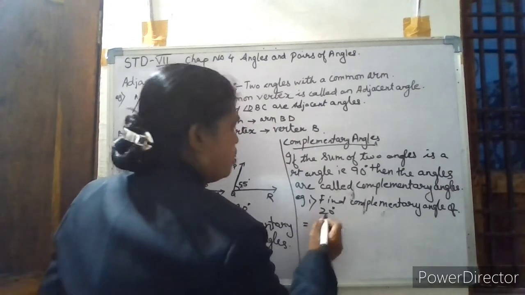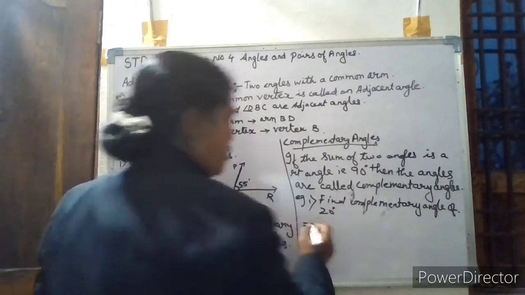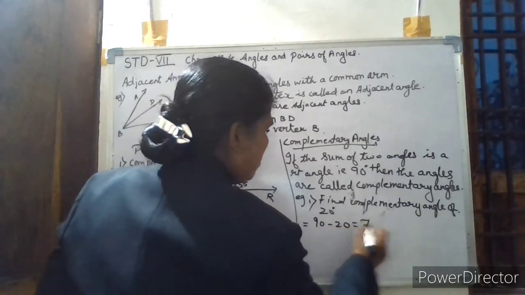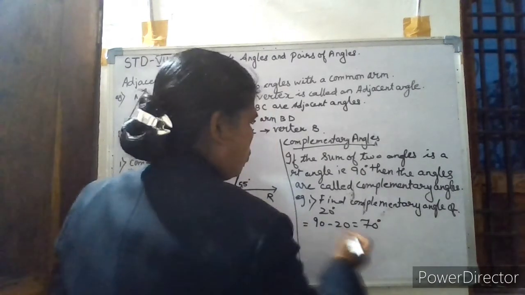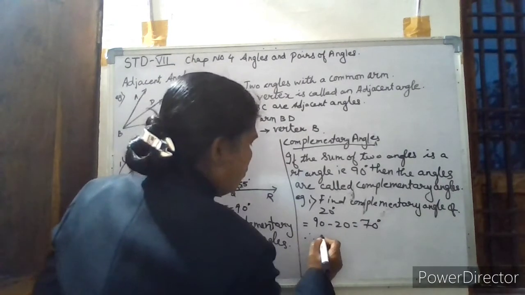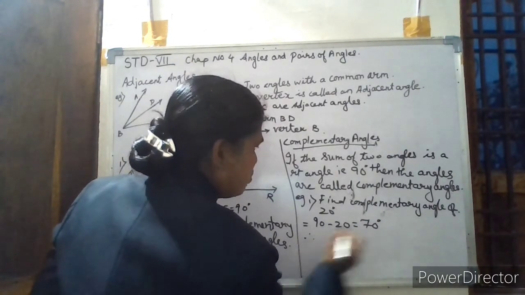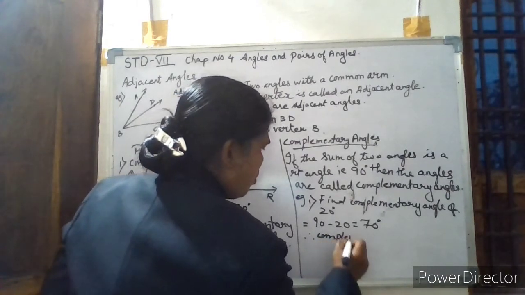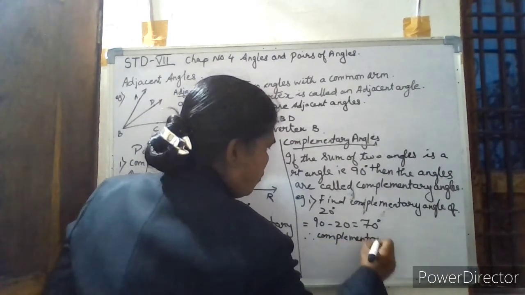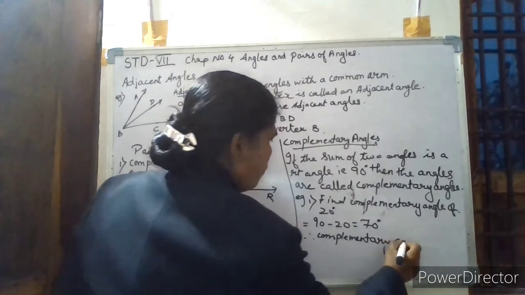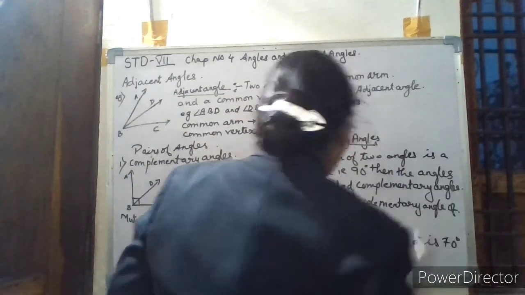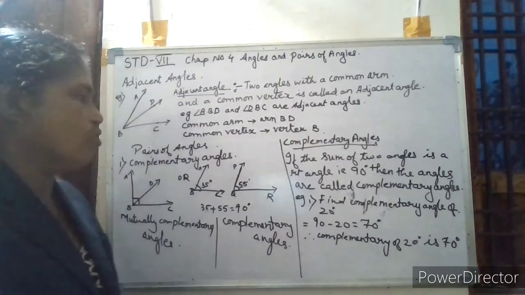The sum of two angles is 90 degrees. So 90 minus 20 is equal to 70 degrees. Therefore, the complement of 20 degrees is 70 degrees. In this way you have to find it.